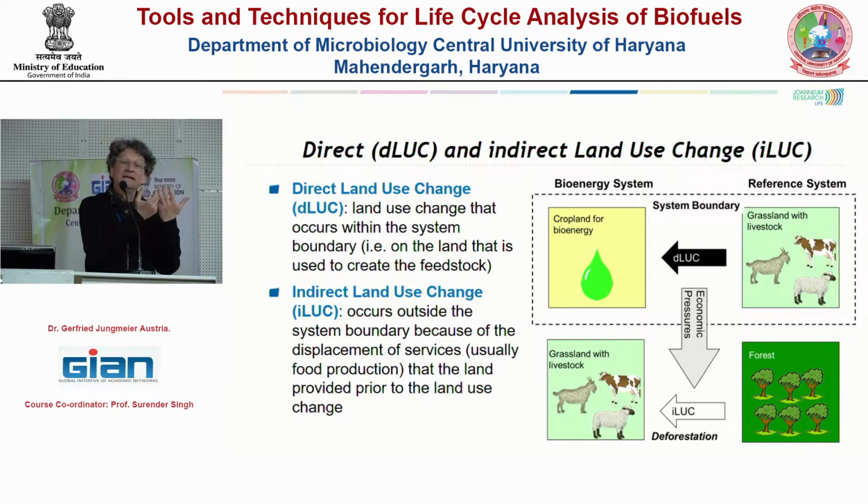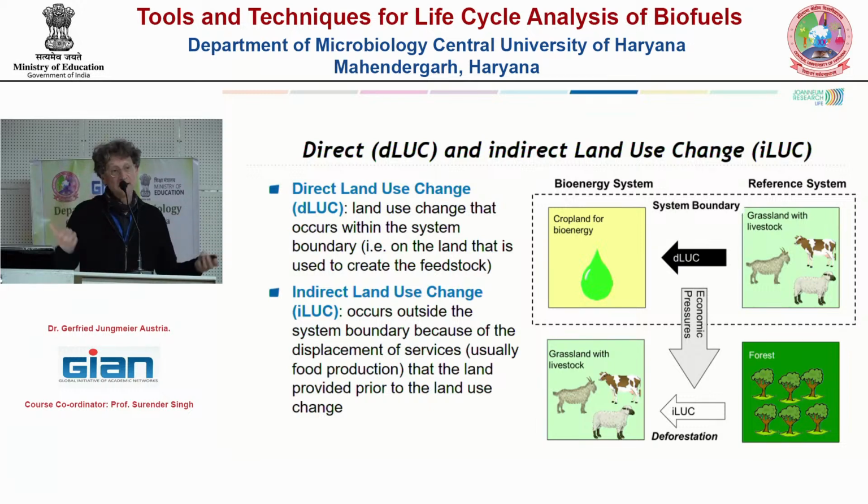Biofuels maybe put an additional pressure, so to say, on the availability of cropland. So there is not a direct effect. It's a relatively complex indirect effect to really say how much of the land use change is the responsibility of the biofuels. And that is at least one reason why indirect land use change has been heavily discussed, and it's also reflected partly in the regulation on sustainability for biofuels in Europe.